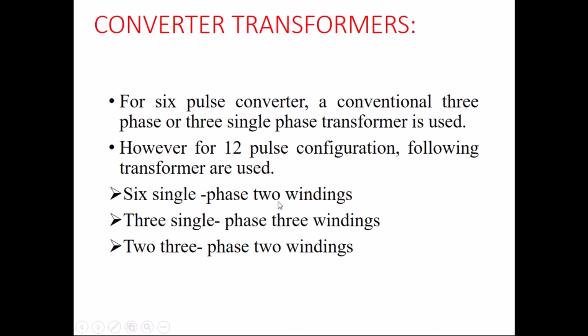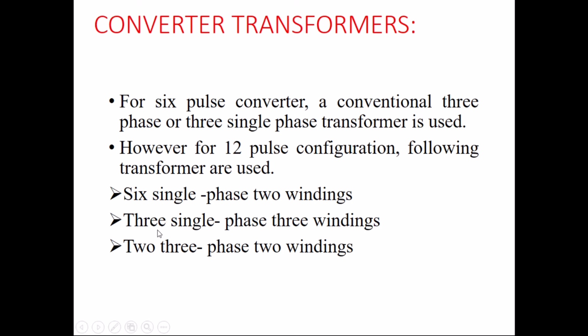So you can use 6 single phase transformers to get the 6 phases. But you need to provide the 30 degree phase shifting, so that you can get the 6 phase supply and the 12 pulse output at the converter side.